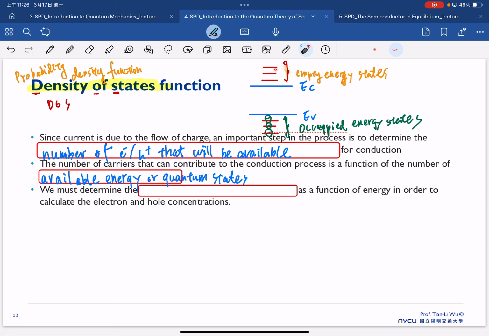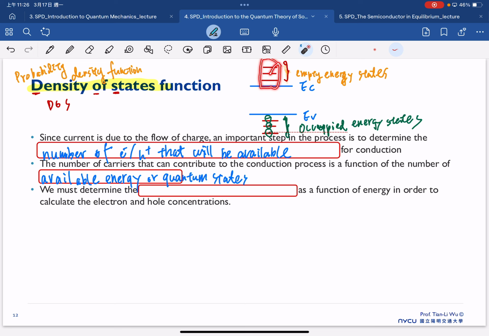If you only have 3 states, for example, like in this classroom, if you only have 3 seats, for sure the maximum number of people in this classroom will be 3. Similarly, if we only have 3 states, then we can only have 3 electrons.